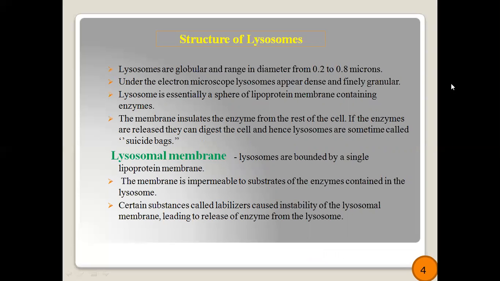The lysosome is essentially a sphere of lipoprotein membrane containing various enzymes. The membrane insulates the enzymes from the rest of the cell. If the enzymes are released, they can digest the cell, and hence lysosomes are sometimes called suicide bags.